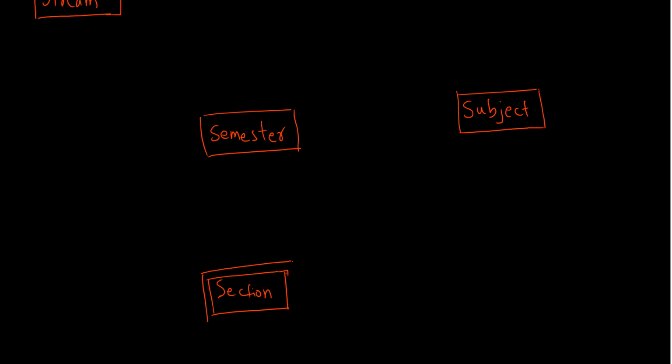So let me draw a double rectangle here, and let me start with this relationship. To represent the relationship, we are drawing a diamond shape here, and let me draw double lines here, because this is a weak relationship. This is an identifying relationship for the weak entity section.